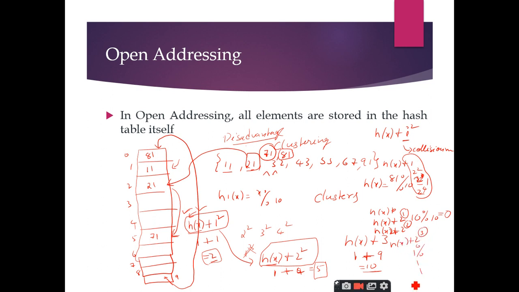Like that you will be using this formula: h of x plus 2 power i. This is also correct, right? 2 power i means you are going to raise 2 to the collision number i. But this is the actual formula you have. This can also be used: h of x plus i square, where i represents the collision number. Is it clear up to this point?